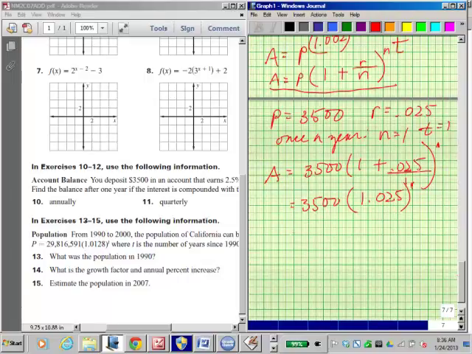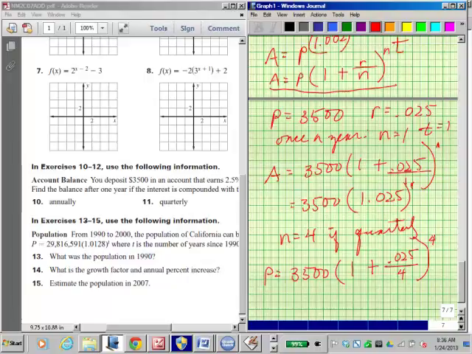Same rate, but now n equals 4 if quarterly. Quarterly means 4 times a year. So the amount will equal 3,500 times 1 plus 0.025 divided by 4, raised to the power of 4 times the number of years.